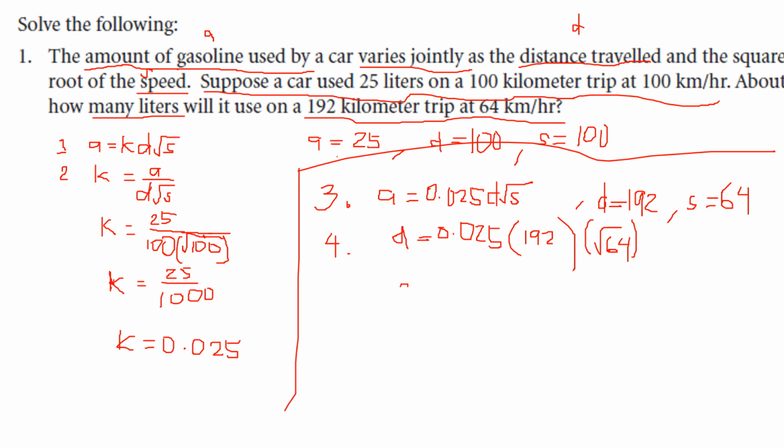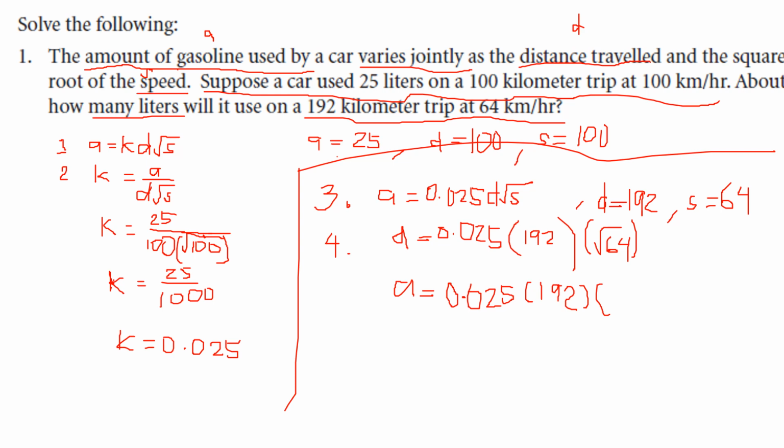Okay, so now A equals... not D, it's A. You can also just multiply directly, but so you can see the process better, let's show it. So, 0.025 times 192 times square root of 64. Personally, I prefer to do the square root of 64 first.